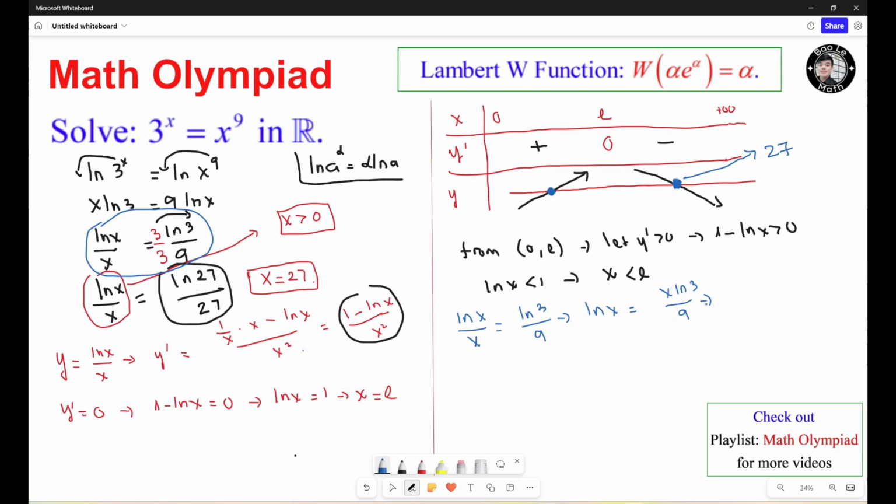So s must be equal to e to the s natural log of 3 over 9, because we need this form. We have e to the alpha. Now alpha is going to be s natural log of 3 over 9. So we need s natural log of 3 over 9 in front of this one. We will apply this formula.